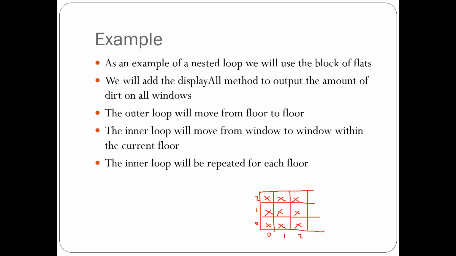So the outer loop that we're going to use in this nested loop will go from floor to floor. So the outer loop will cover this, and the inner loop will go this way. And that will allow us to visit each of the elements, or each of the windows on each of the floors in each of our buildings.